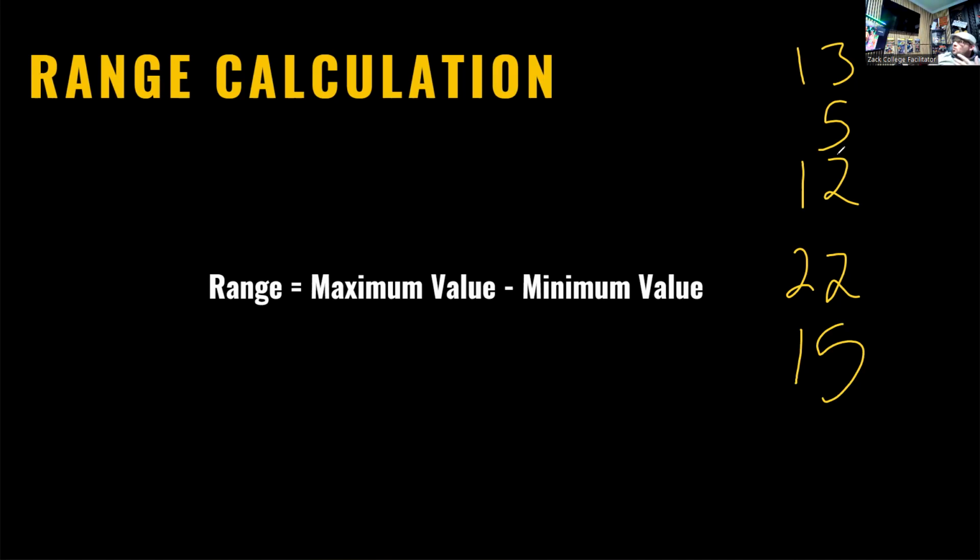What would be my range value in this situation? The difference between 5 and 22. Yeah, so we would have our maximum value minus our minimum value. What's our minimum value here? 5. Five. All right.